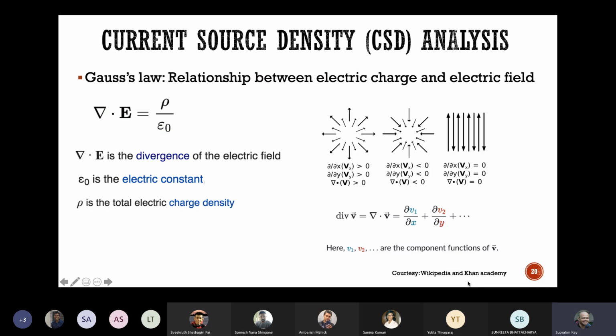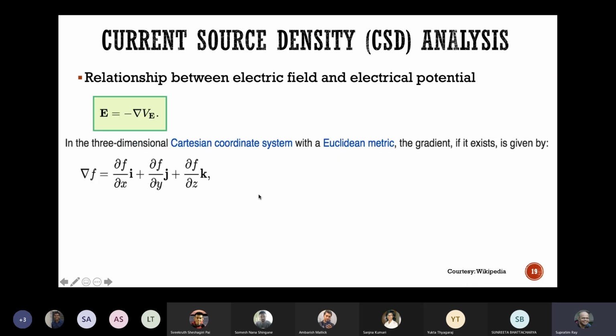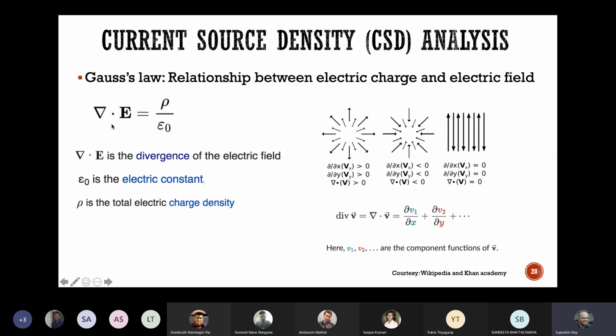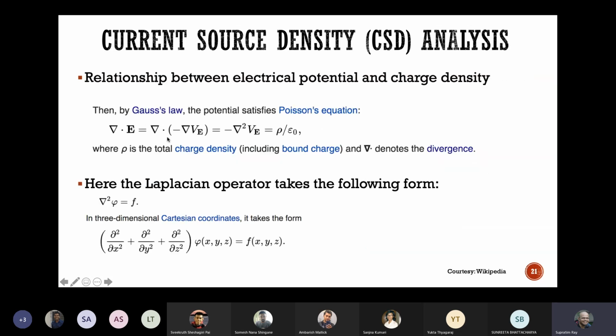This just involves using these two formulae: getting the electric field as the negative gradient of voltage, and then looking at the divergence of the electric field to get to the sources. If you put this together, you have what is called the Laplacian operator, which is just the double spatial derivative along the 3 dimensions, and then you add them up. So it's actually a scalar quantity that comes out.